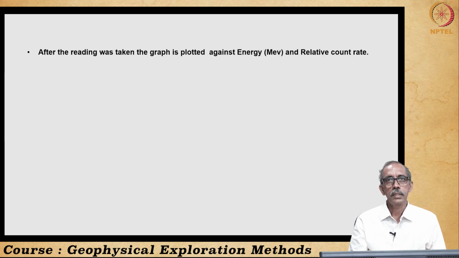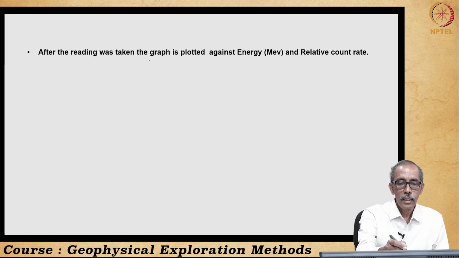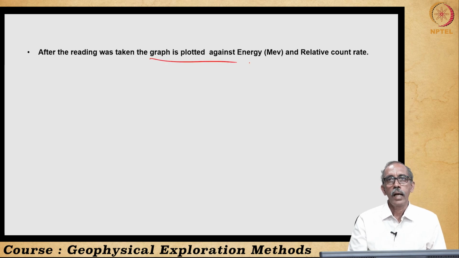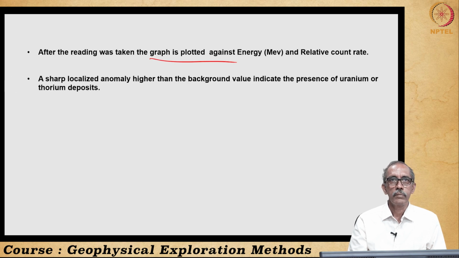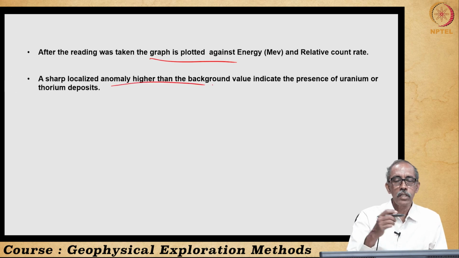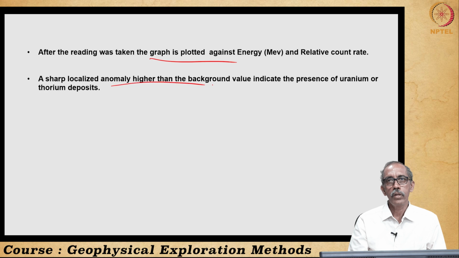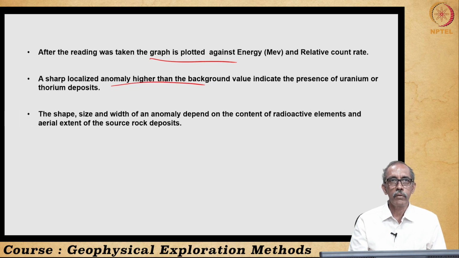Coming to the interpretation, as we had seen just now, after the reading is taken, a graph is plotted against energy and relative count rate. A sharp localized anomaly higher than the background value indicates the presence of radioactive elements, and the shape, size and width of the anomaly depend on the radioactive elements, right.